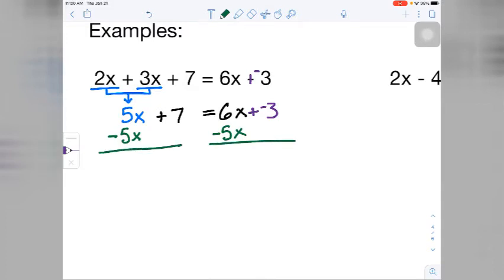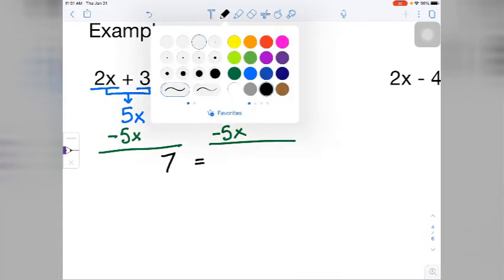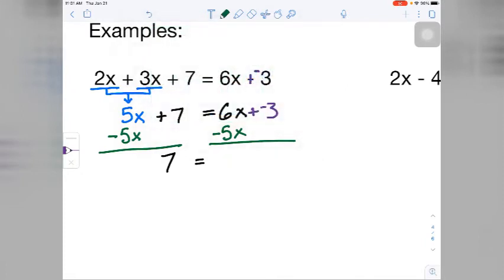So if I take those away, then my simplified equation will say that 7 is equal to, instead of 5x, 6x minus 5x is 1x. And this over here, this is of course 0x. And then plus negative 3.